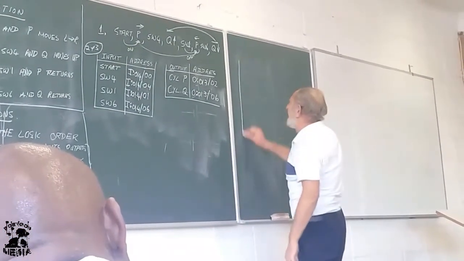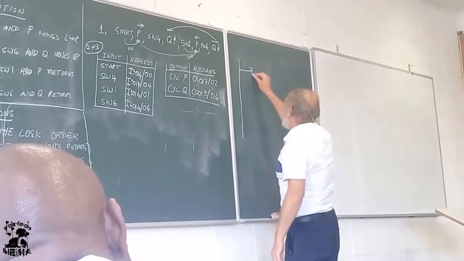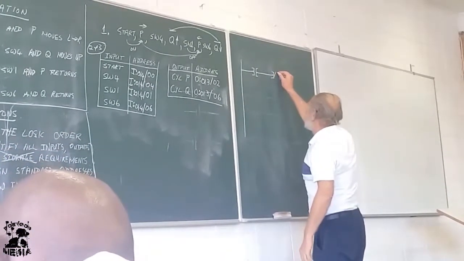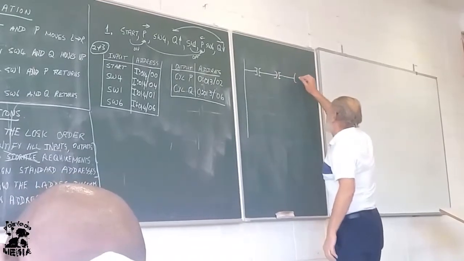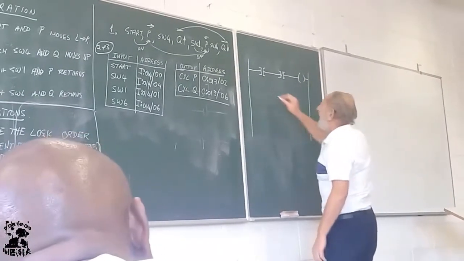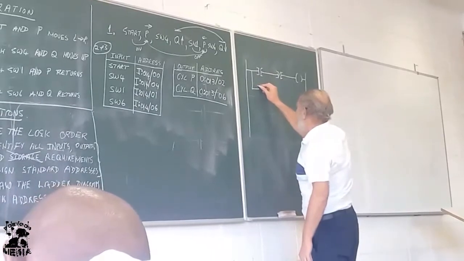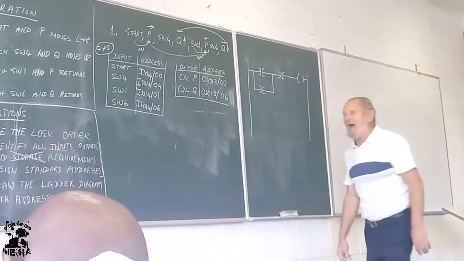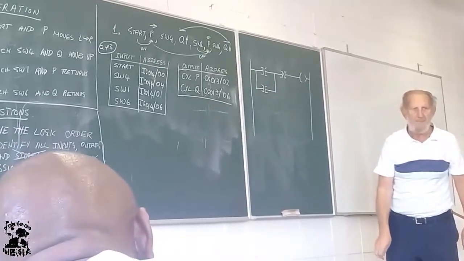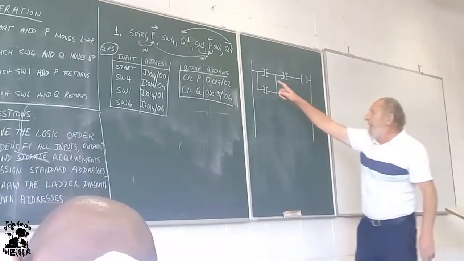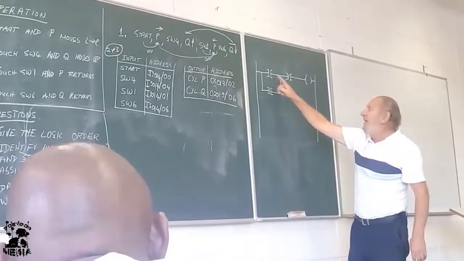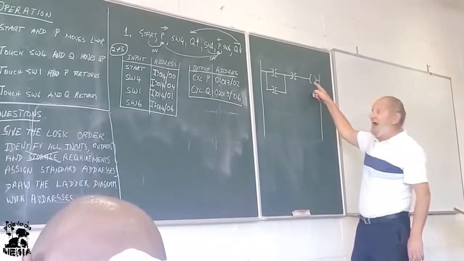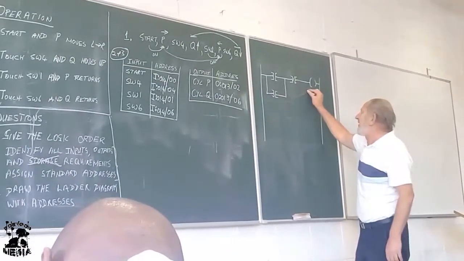We've got normally open, normally closed, output, latch. There is a relay latch. This is the one that puts the power on, that is the one that puts the power off, that is the output, and that must be the same.